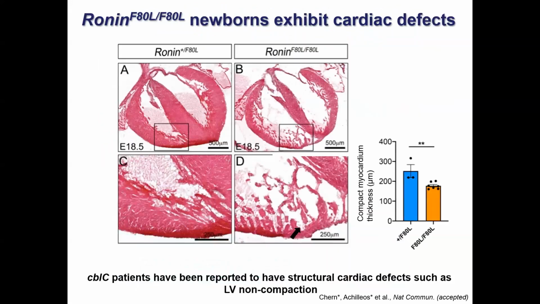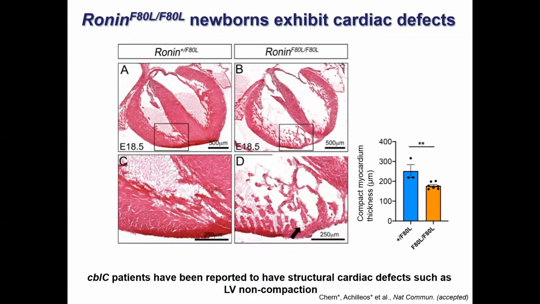Right, so then we started looking at the different organs in these mutant mice that we know are affected in humans, to see again if this mouse model is a good model to study this disease. First we looked at the heart. Always on this side we have the control, and on this side we have the mutant. Again, all these are in the mouse embryo.